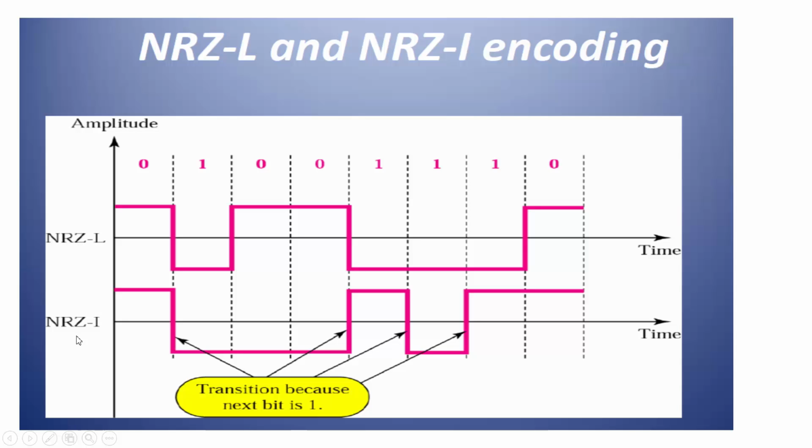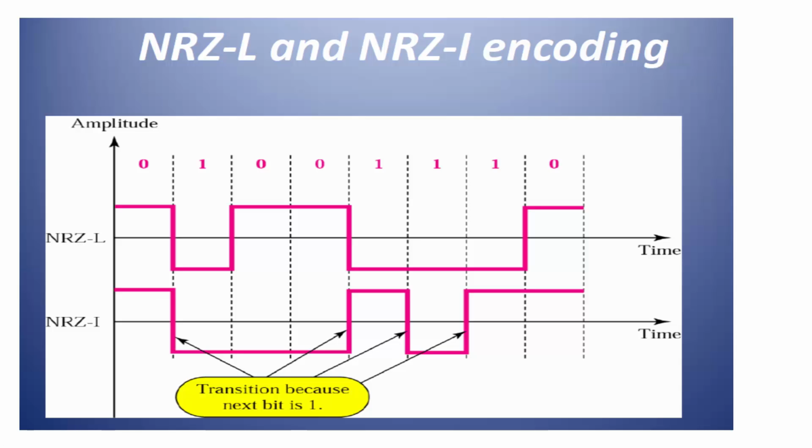So what is NRZ-I? Whenever there is a 1, in this bit stream 1 is here, it will do the inversion. So 0 is represented with this positive voltage. When 1 comes, it will make a transition. It will go on like this, 0 with 0, with no transition till 1 comes. Whenever 1 comes, it makes another transition. This voltage for the first sample period is just an assumption that it is on the positive side.